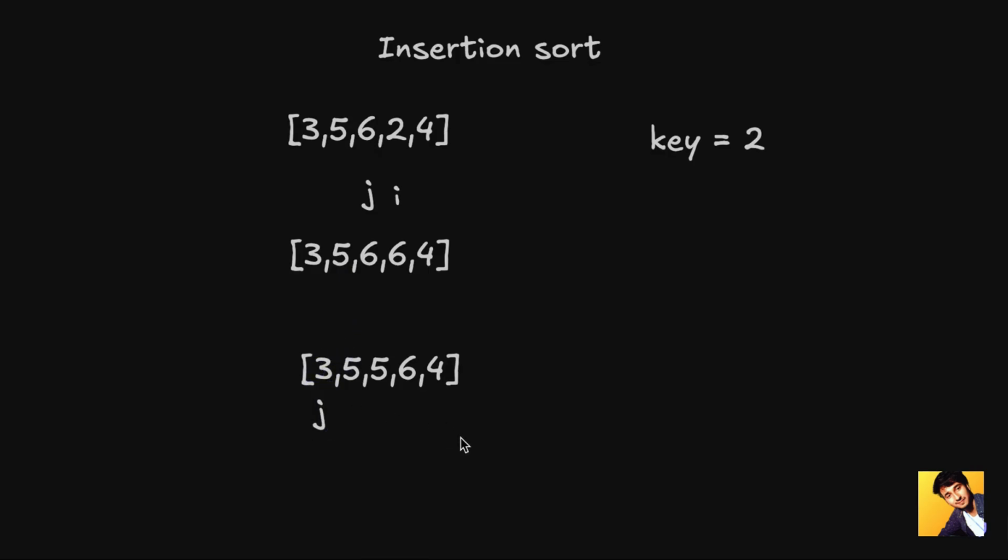Again it is bigger than the key. So what we do is j plus 1 position's value will be overwritten with this one. So now this is 3, 5, 6 and 4.